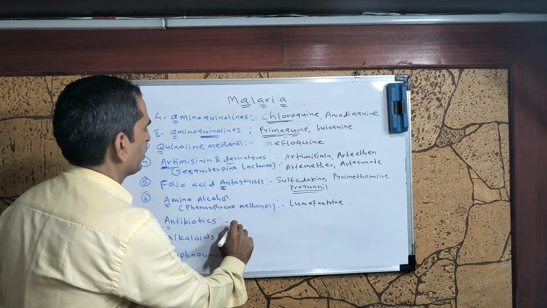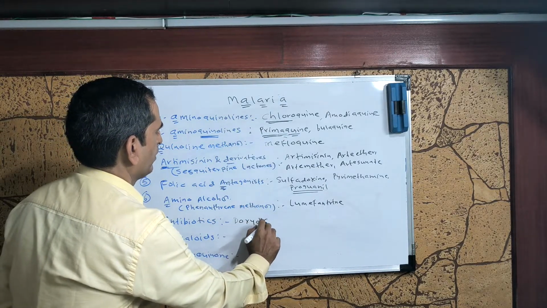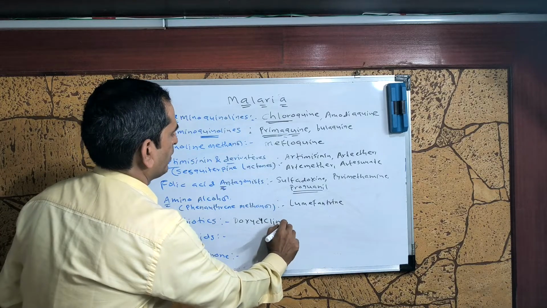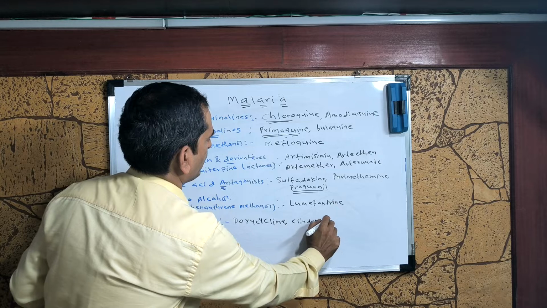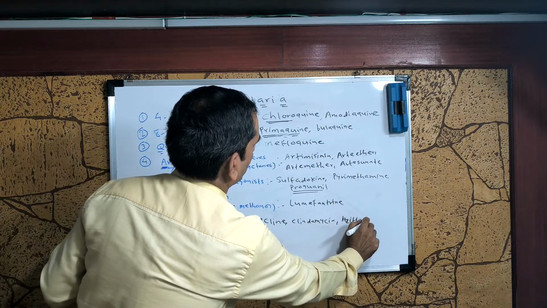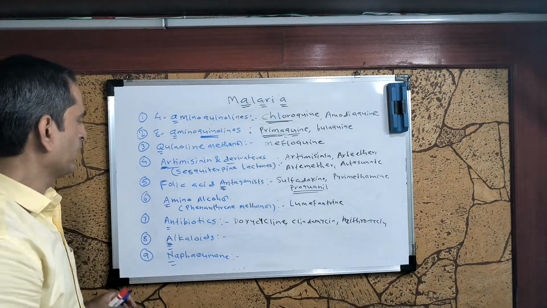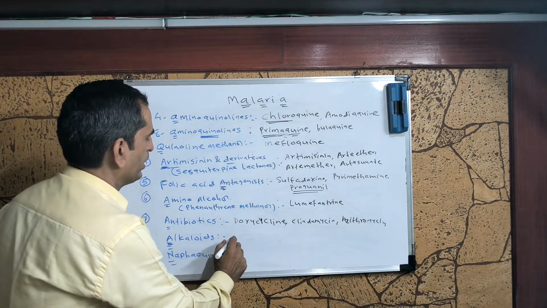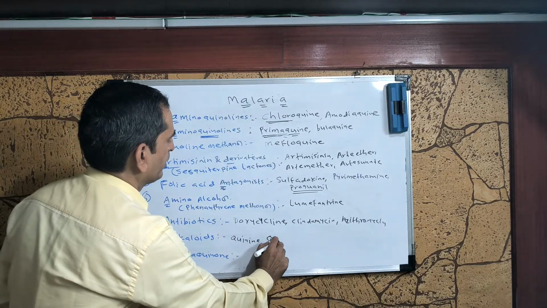Antibiotics, we have doxycycline, clindamycin, azithromycin. So these examples are from the category of antibiotics. Alkaloids, quinine and its derivative quinidine.